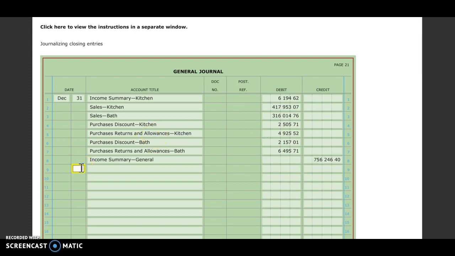Okay. My second closing entry, I'm going to be closing my income statement accounts that have debit balances.